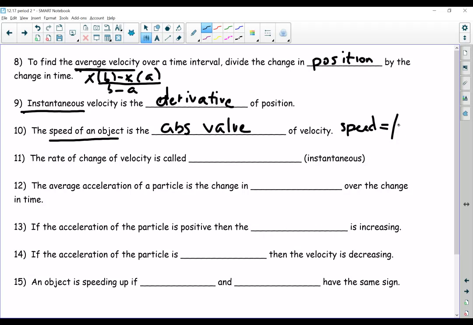We say speed is the absolute value of velocity. And here I can say that velocity, which I usually use V as the letter, is the derivative of position. So I'm writing the same sentences in symbolism. All right, let's keep going. The rate of change of velocity is called acceleration.